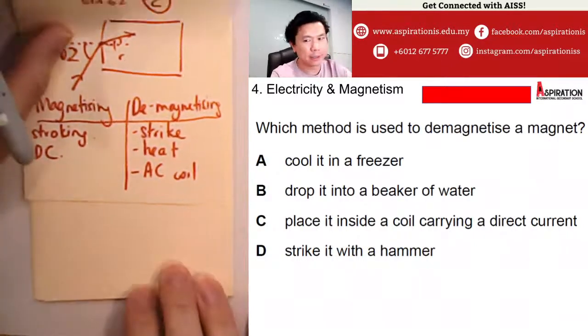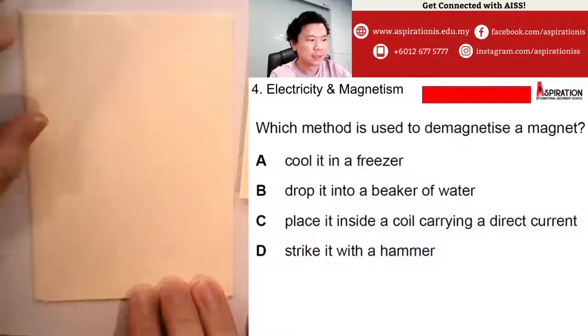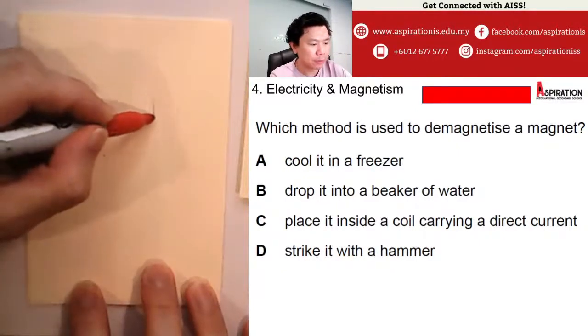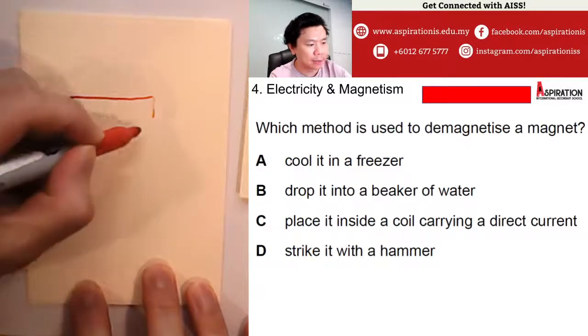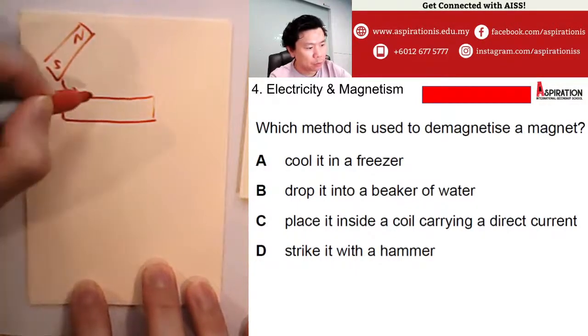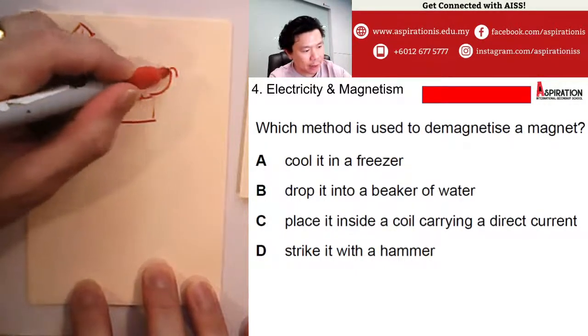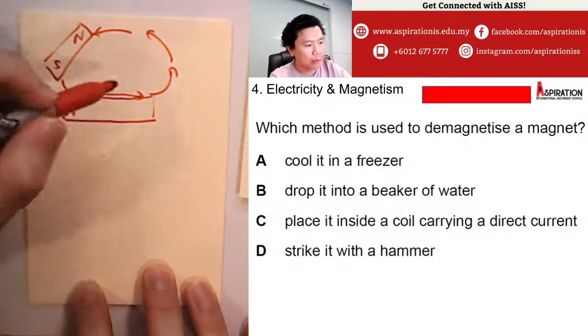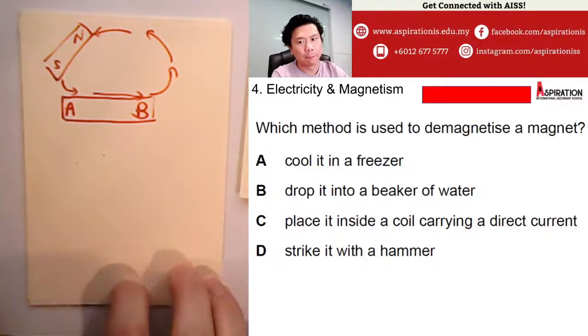All right. Maybe I give you all a small little question on stroking. Okay. So you have here a steel bar, and you have here a magnet, and the magnet is moving in this fashion. What would be the polarity at A and what would be the polarity at B?